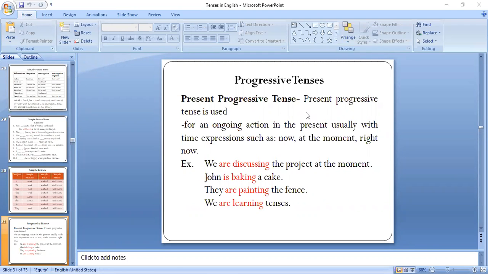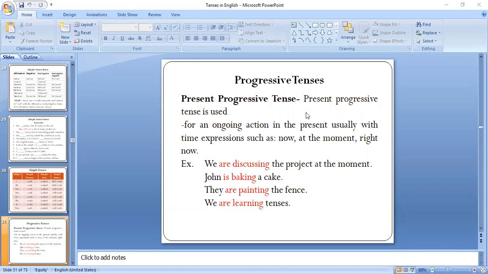Okay, we are discussing the project at the moment. Are discussing, this is the indicator of the present tense: are, and the ing form of the verb, that is discuss plus ing, discussing.